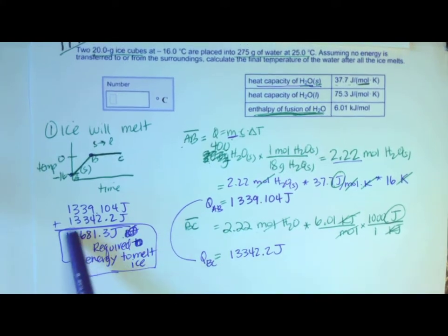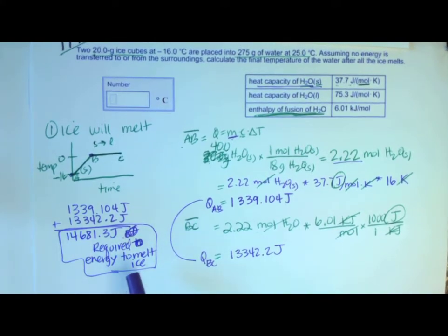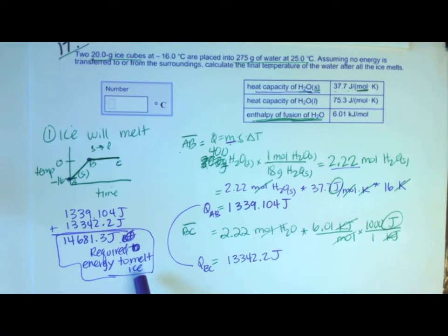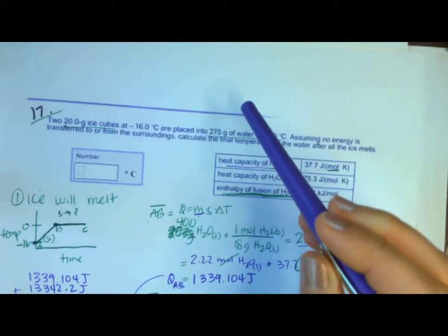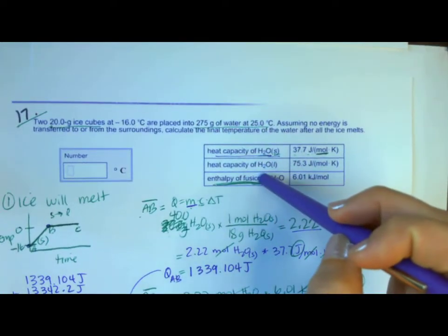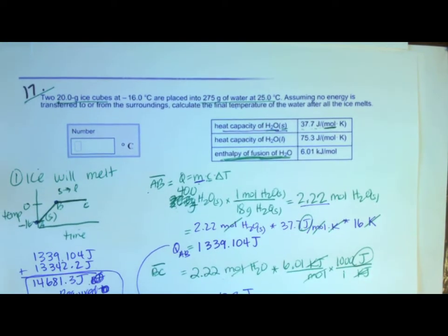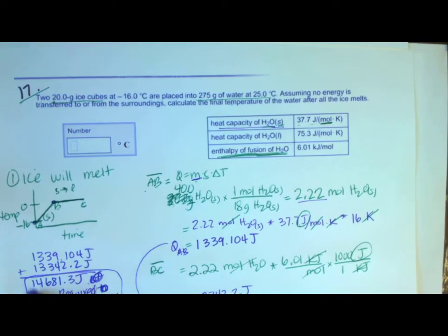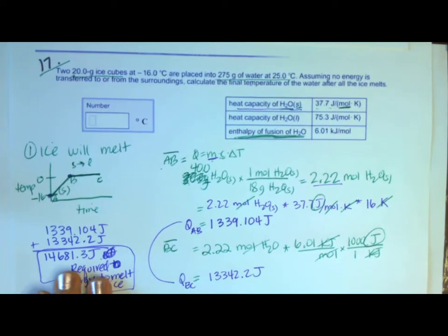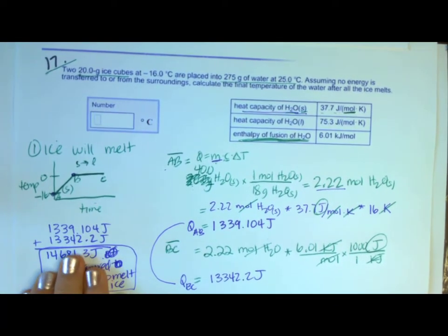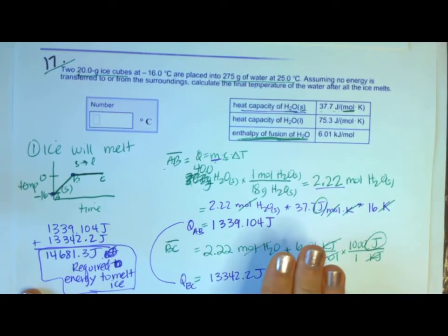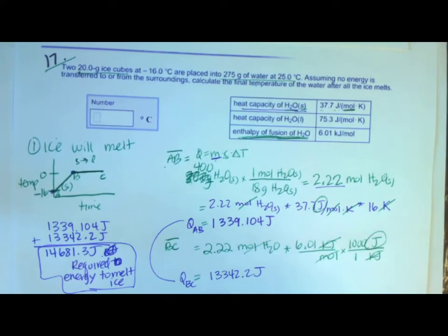Okay, so this is how much energy is required to melt the ice. Now, remember, we're also cooling off the water. Remember, how much heat is required to cool one is warming the other. So this is warming that ice, right? So this energy is the same energy that's cooling the water.